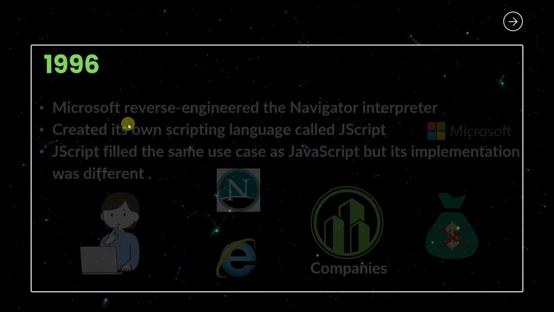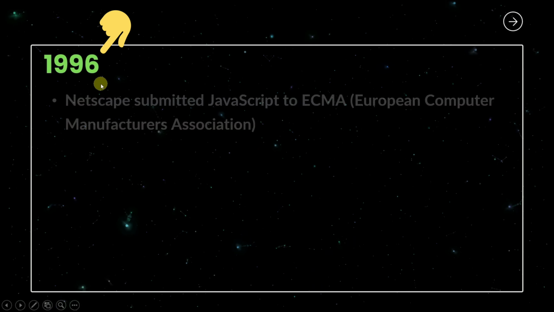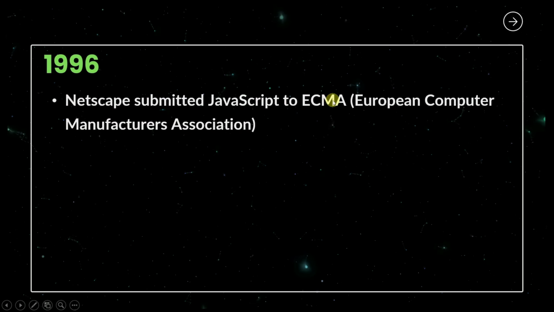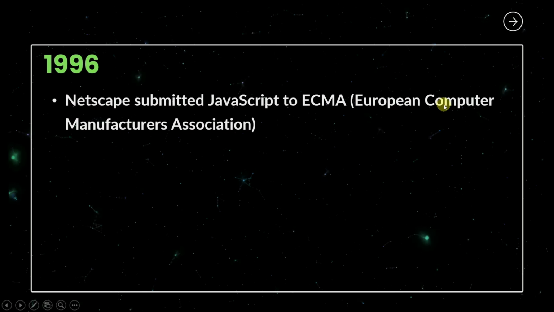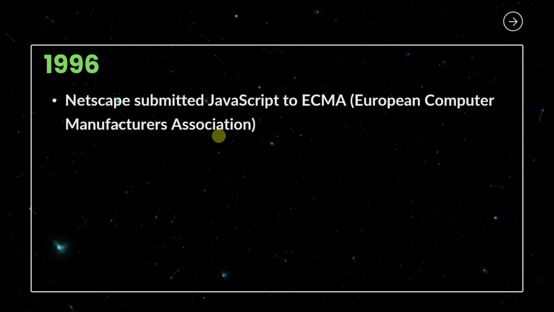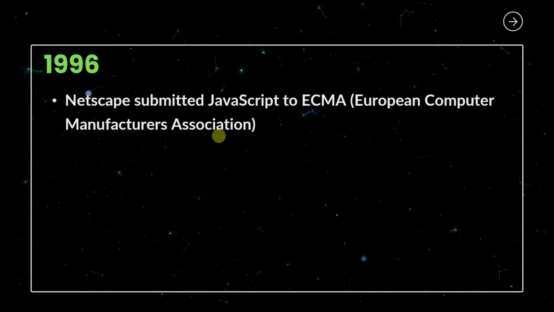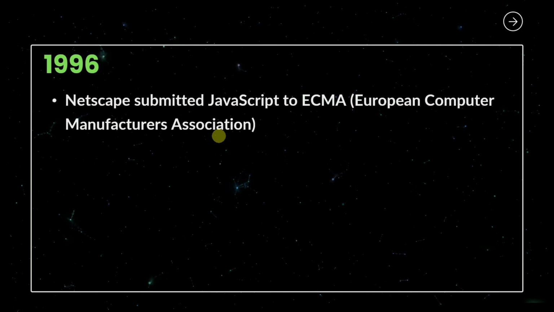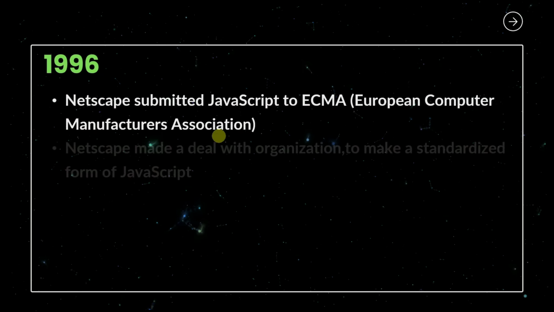To address this, in the same year, 1996, Netscape submitted JavaScript to ECMA International. ECMA stands for European Computer Manufacturers Association, and this is an industry association dedicated to the standardization of information and communication systems.